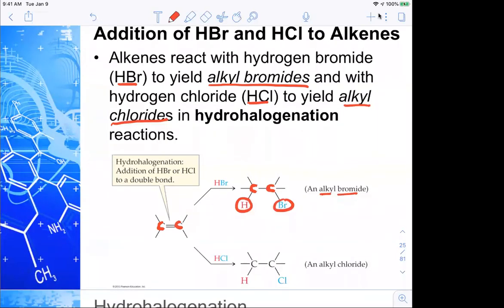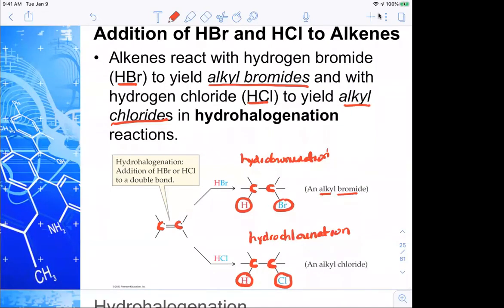If I use HCl, that would be hydrochlorination. So this is hydrobromination. This is hydrochlorination. And the H and the Cl end up on each individual carbon.